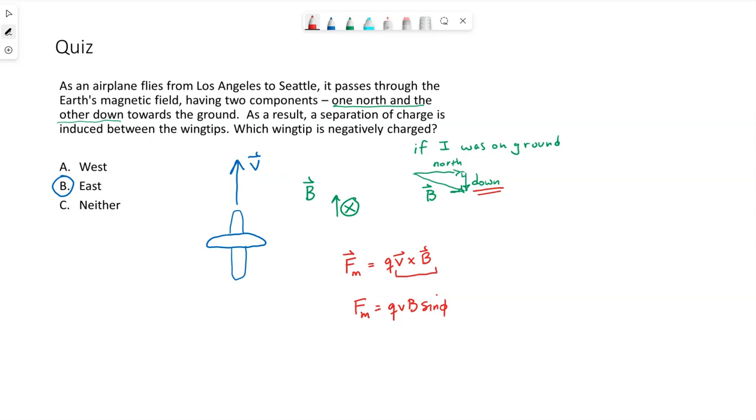Okay, so right-hand rule. In this region, we only care about, essentially, the magnetic field going down.